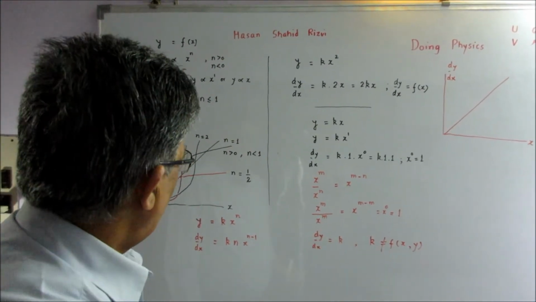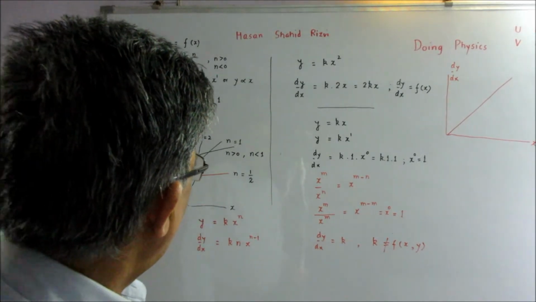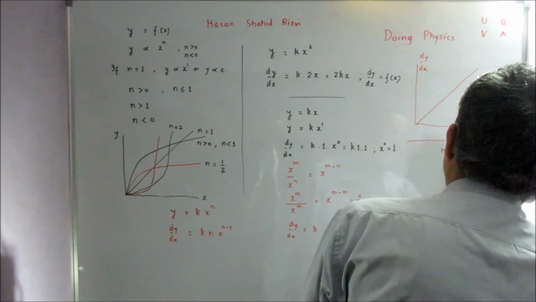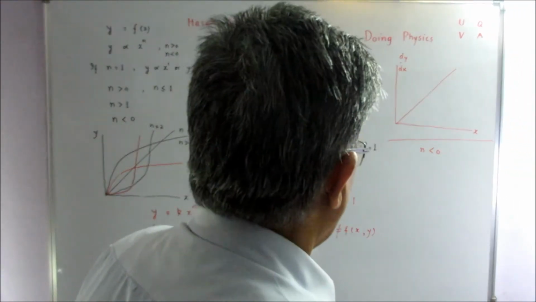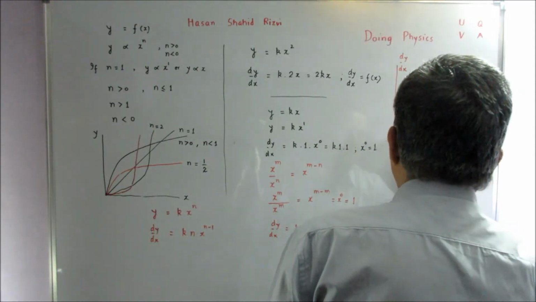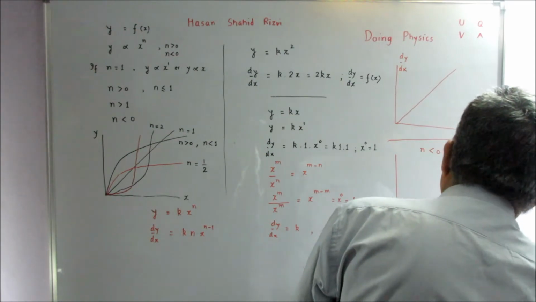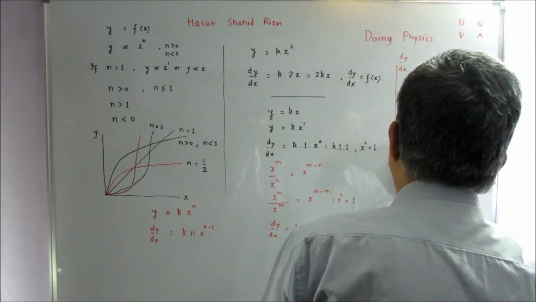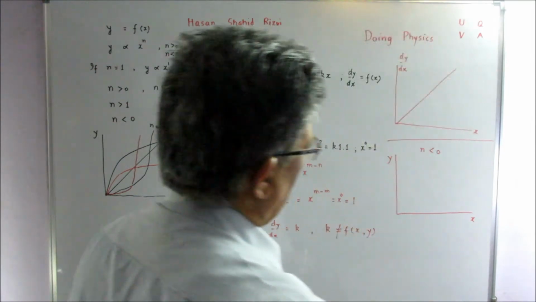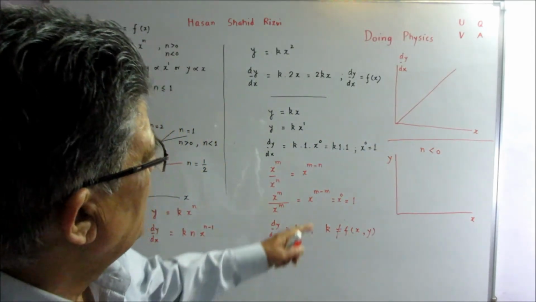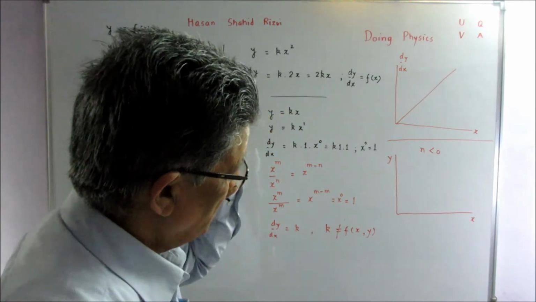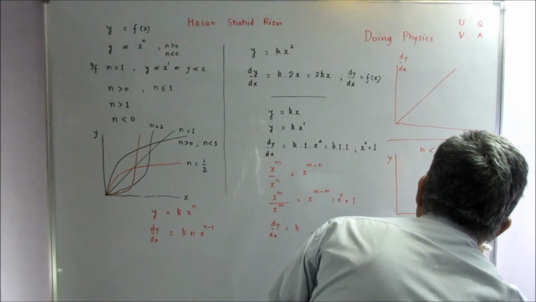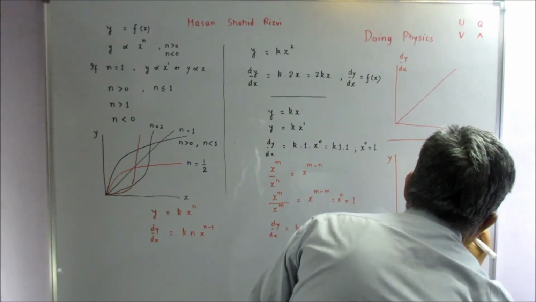So if n is less than 0, then the function goes, x is still increasing in this direction, but y, when the value of dy/dx, for example, I take y is equal to k x to the power minus 1.